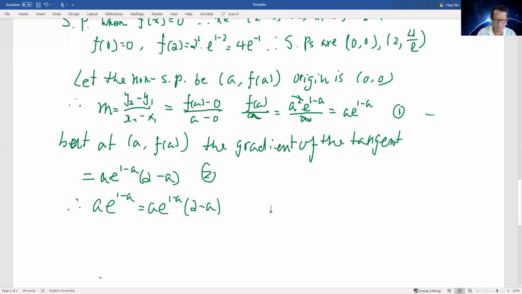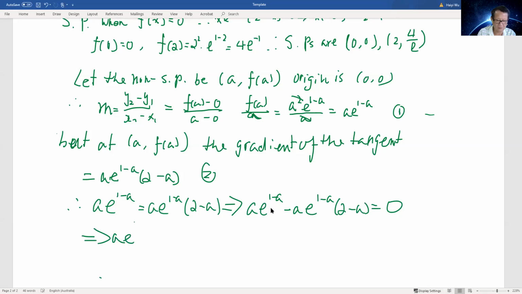So now we solve this equation so we can find what a is. Let's move everything to one side, put a 0, so we put a e to the power a times (1 minus a) as a common factor.